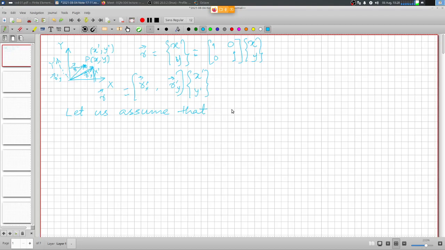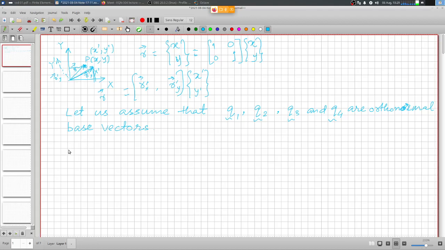Let us assume that q1, q2, q3 and q4 are orthonormal base vectors.